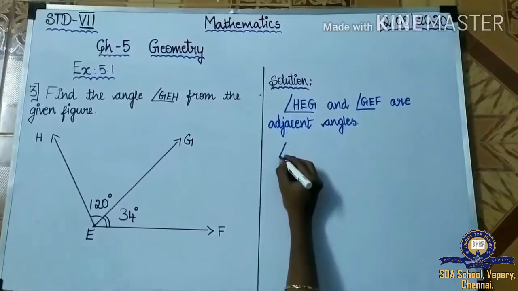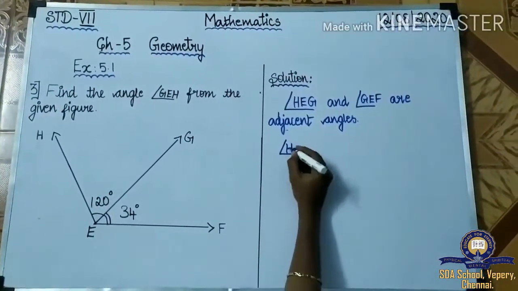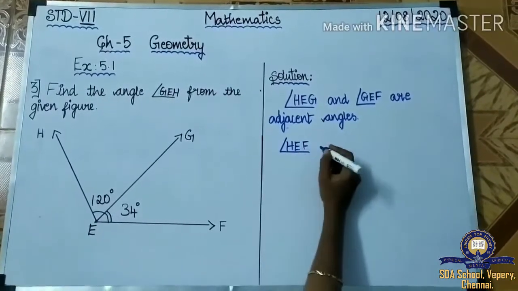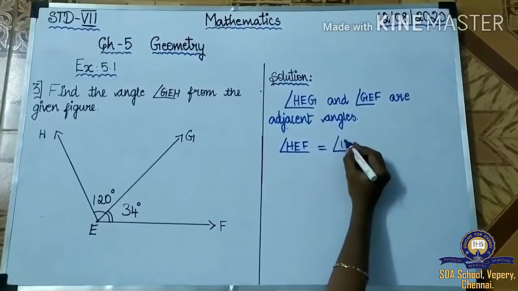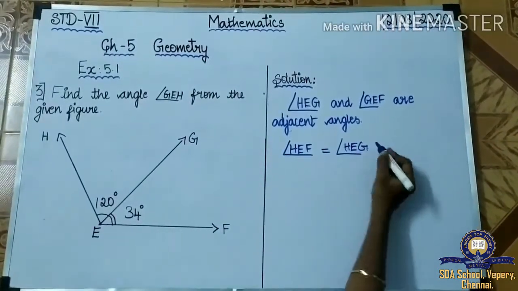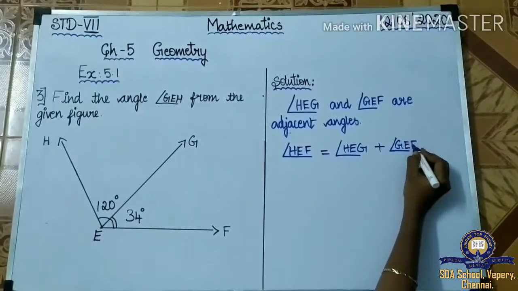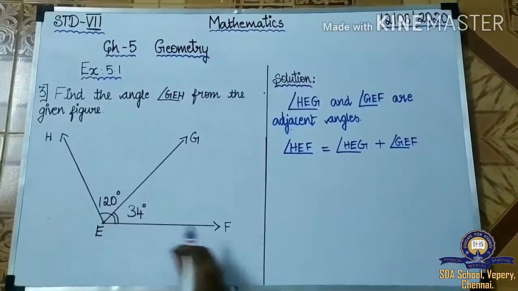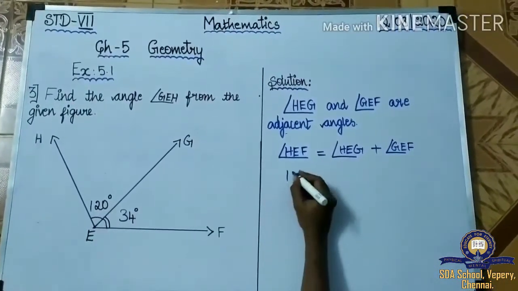So, first, the full angle HEF is equal to the two adjacent angles, HEG plus GEF. Now the HEF is 120 degrees.